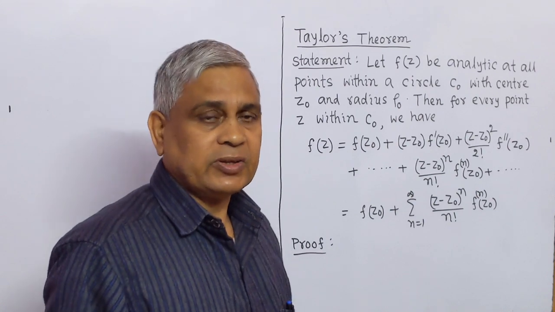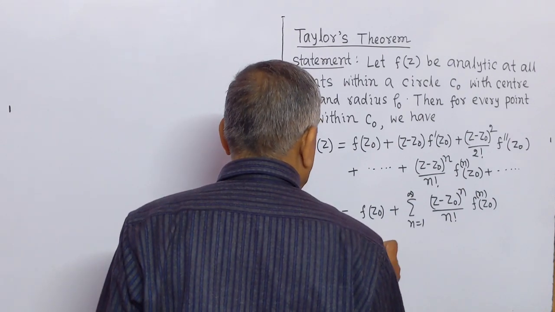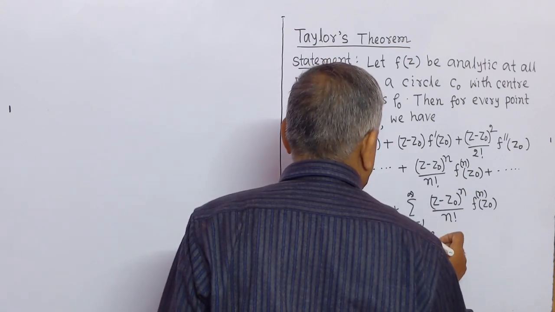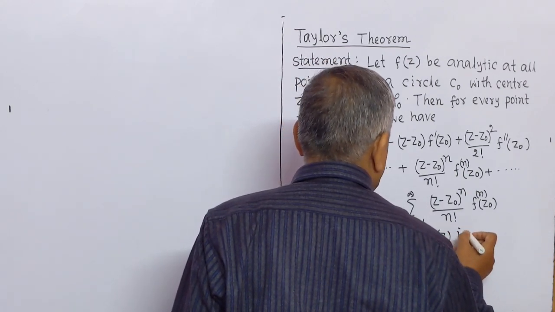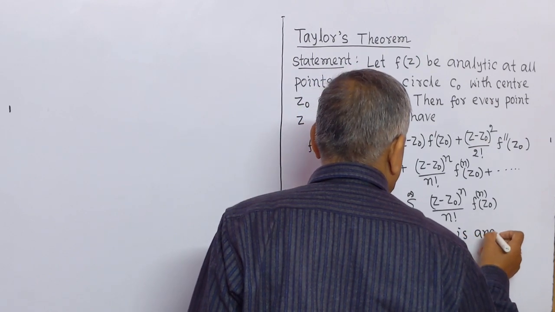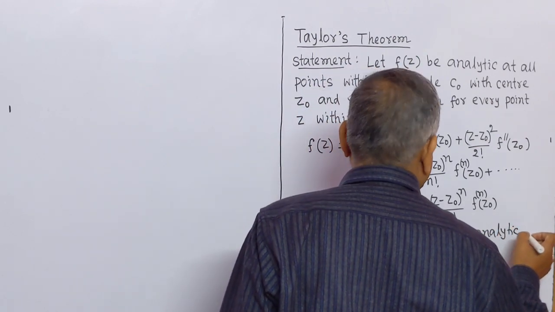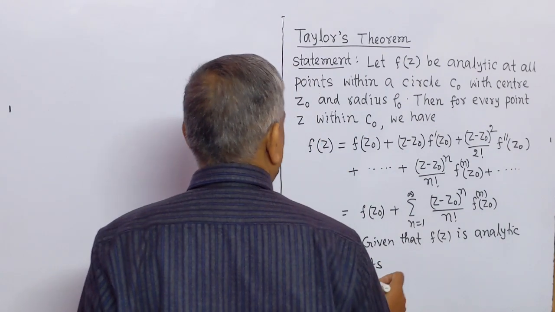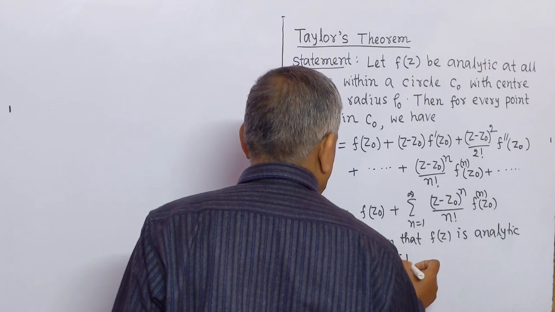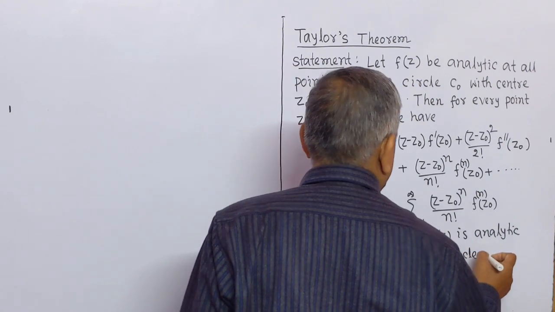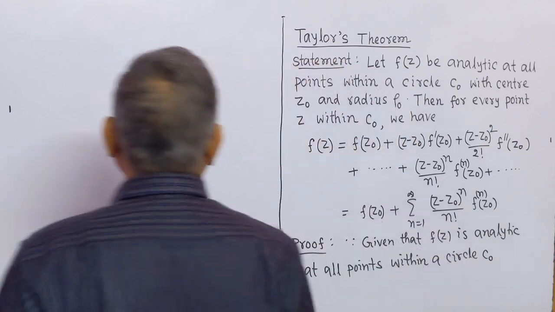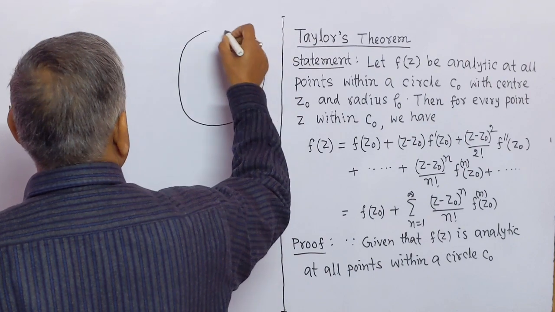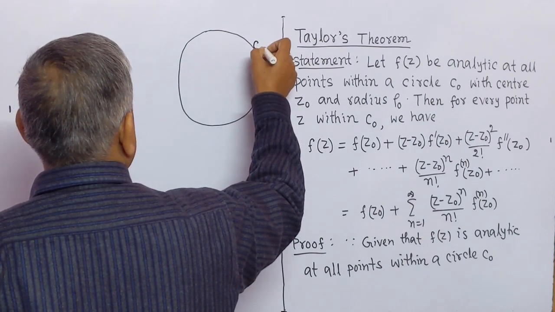Now we prove this. Since it is given that function of z is analytic at all points within a circle C0, let this be the circle C0.